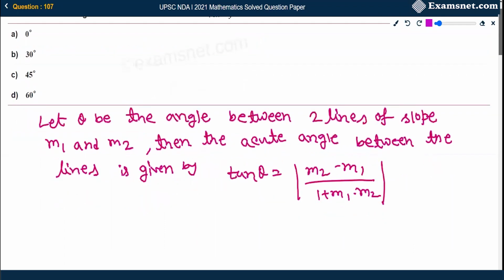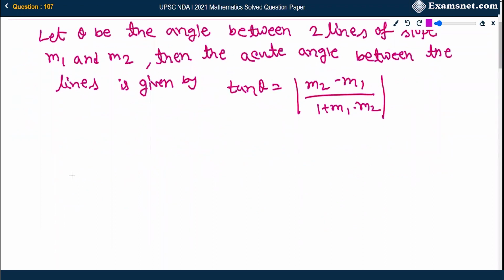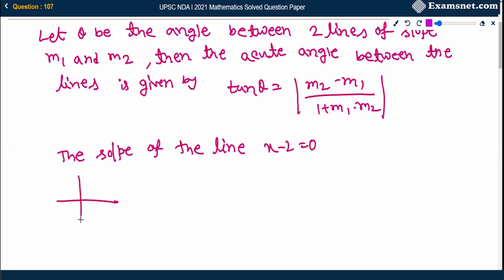So here, the slope of the line x minus 2: look here, x minus 2 means it will look like this.